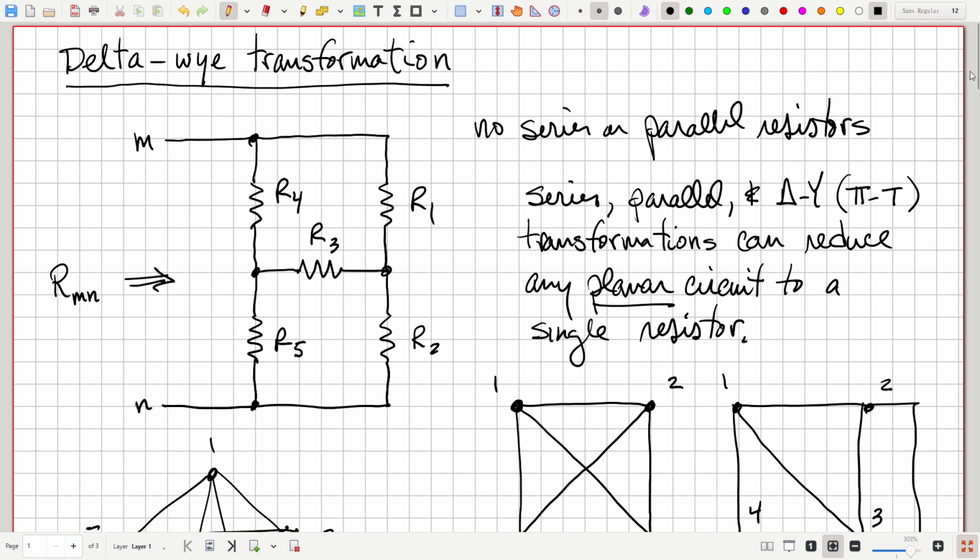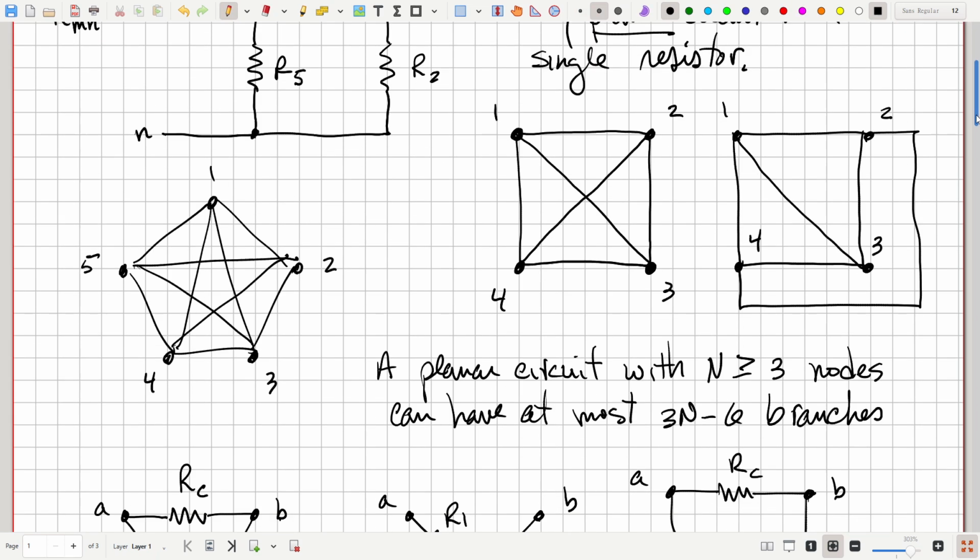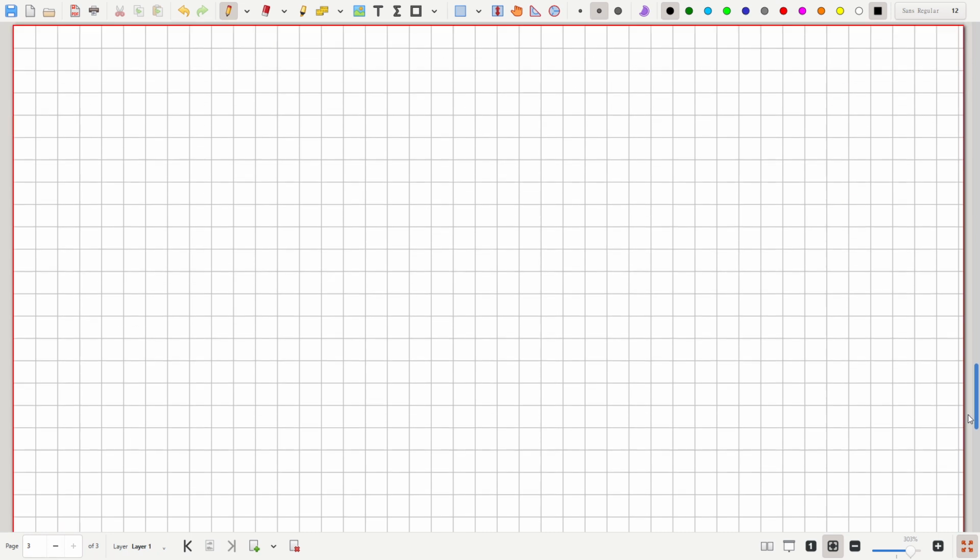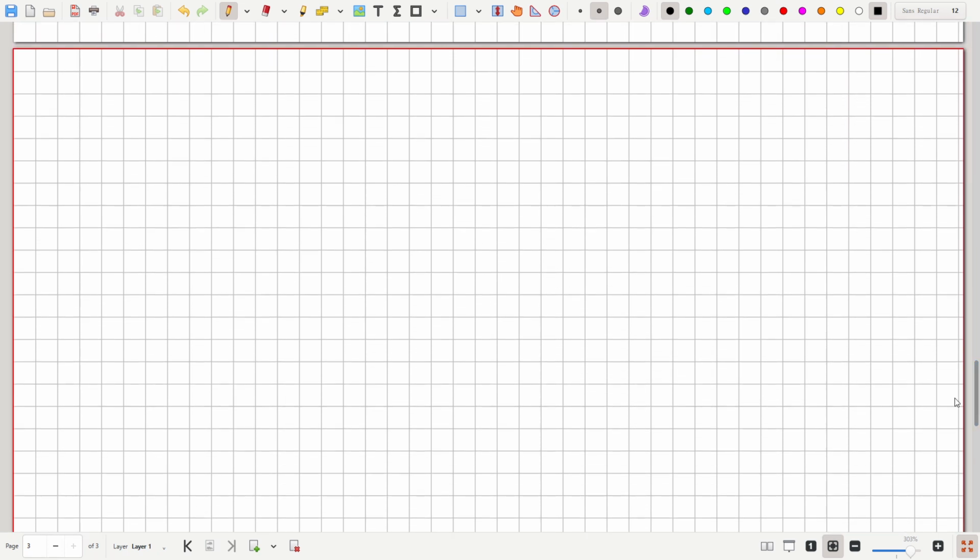Okay, so let's redraw this now. Let's spread this out to isolate R1, 2, and 3. Like so. So there's R1, R2, and R3.